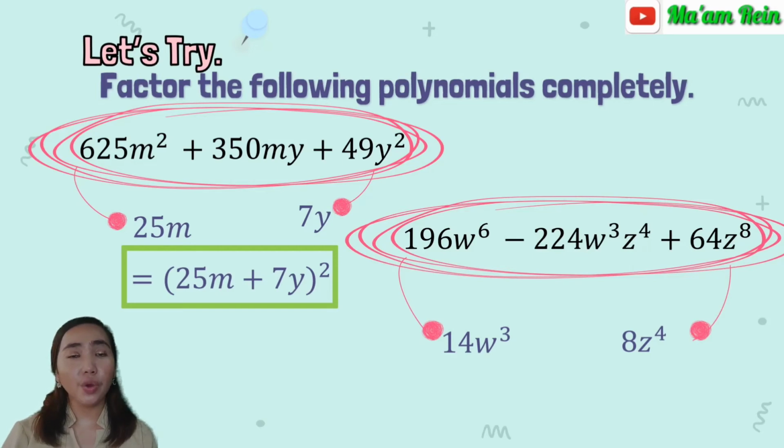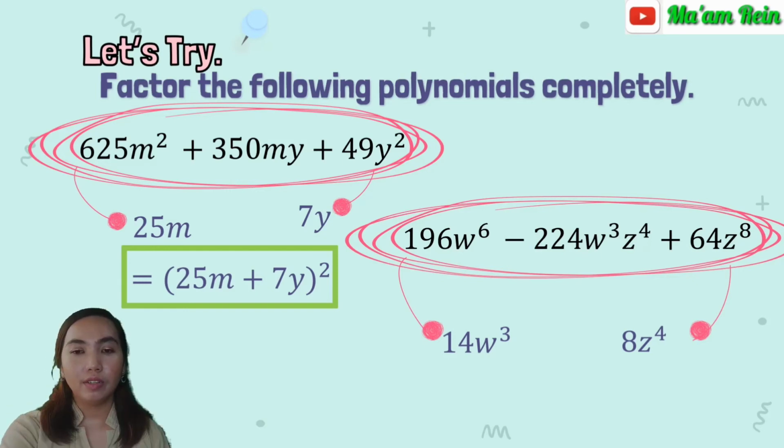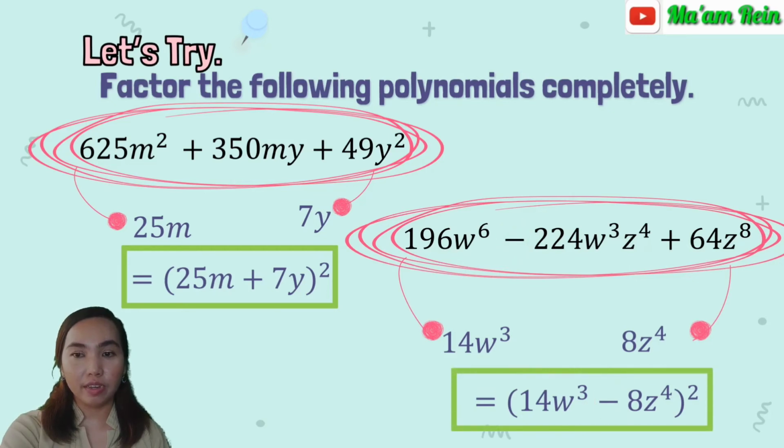So, kung mapapansin nyo, yung exponents, dinivide lang natin dun sa root, which is 2. So, ilalagay natin siya sa parenthesis at lalagay ng square para maging square of a binomial. And then, copy the sign of the middle term of a perfect square trinomial. So, magiging 14w cubed minus 8z raised to 4 squared.